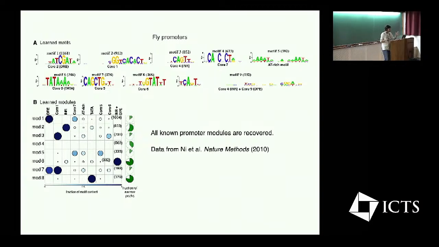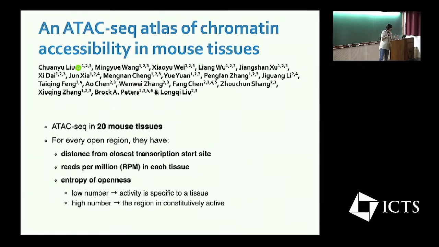But I have a picture in ATAC-seq. This is data about ATAC-seq in mouse tissues, 20 different mouse tissues. Because there are 20, along with ATAC-seq, they also have for every region what they call an entropy of openness, in the sense of how cell type specific that region is.